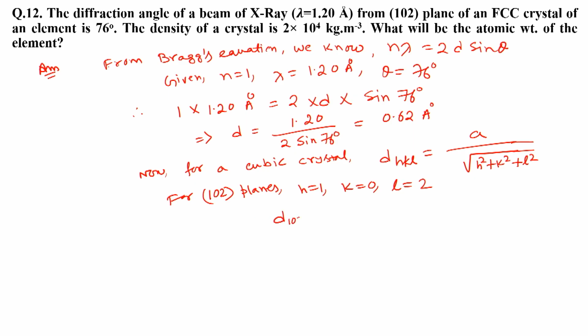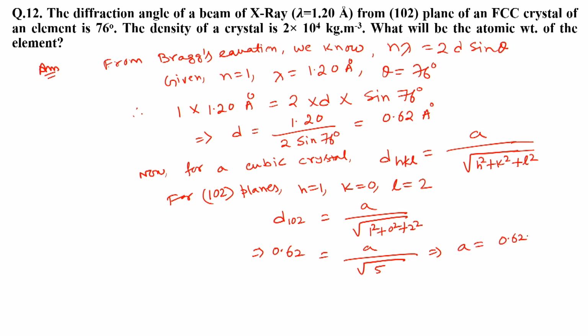So we can write d_102 is a by square root of 1 square plus 0 square plus 2 square, and the value of d_102 we know. So we can write 0.62 is a by square root of 5. So we get the value of a. a is 0.62 times square root of 5, in angstrom. If we further simplify, we get the value of a is 1.39 angstrom. So this is the value of a.